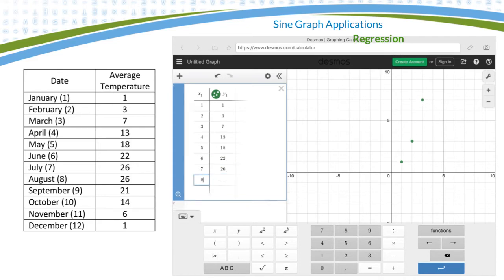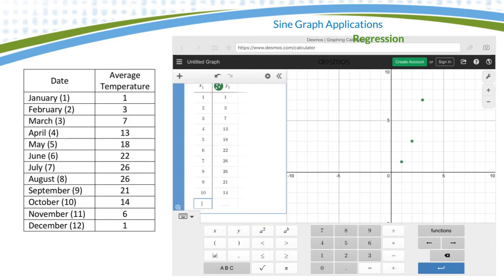Okay, 8 is 26. 9, 21. 10. Yeah, if I try and type fast on here, it doesn't record it. I just have to go slow. 11 is 6. And finally, 12 is 1.